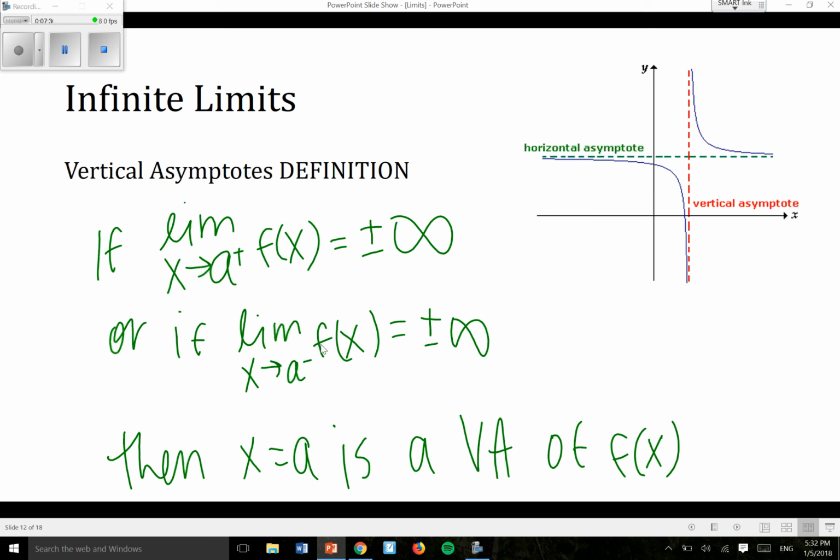We can see here that as we approach, let's call this x equals a, as we approach a from the right, we go to infinity. As we approach a from the left, we go to negative infinity, and that creates that vertical asymptote.